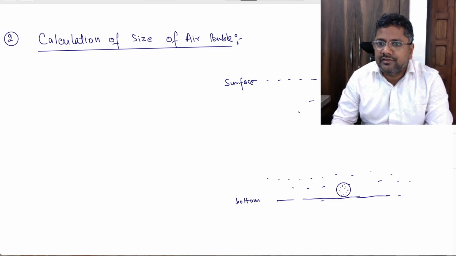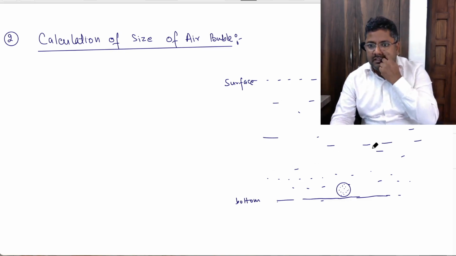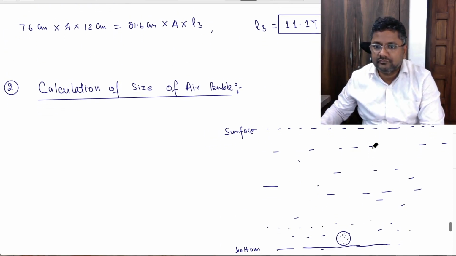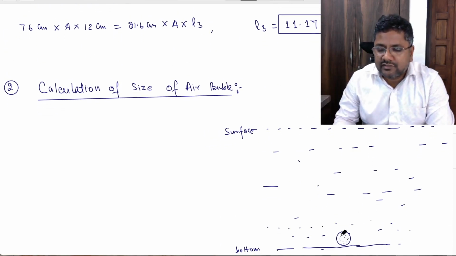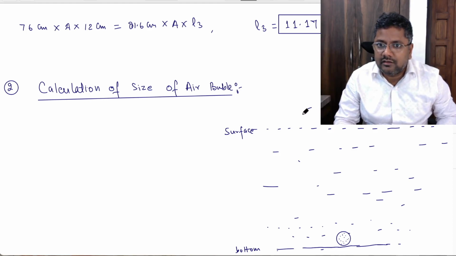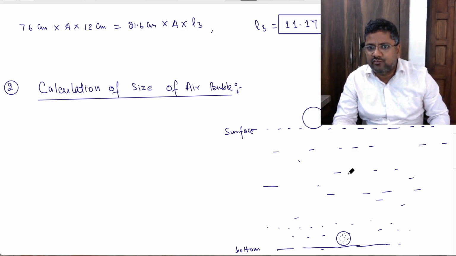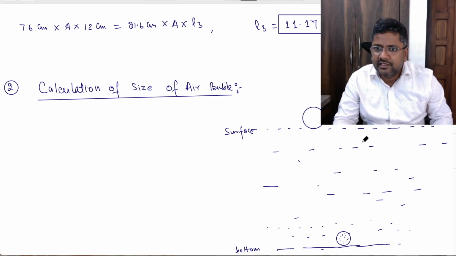The water is filled here, and suppose that it is asked what is the size of this air bubble when it moves to the surface. Obviously the size will increase because here the pressure is more and here the pressure is less.